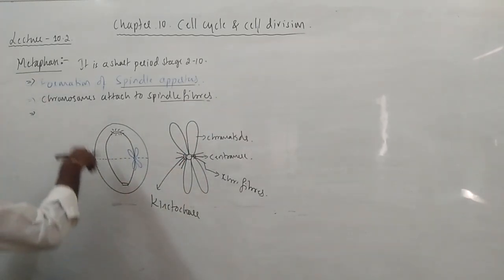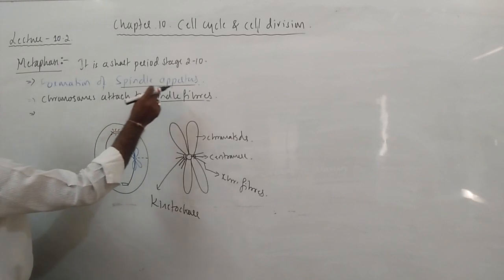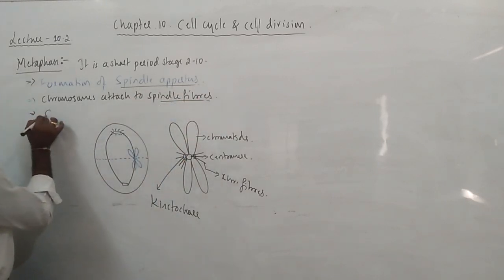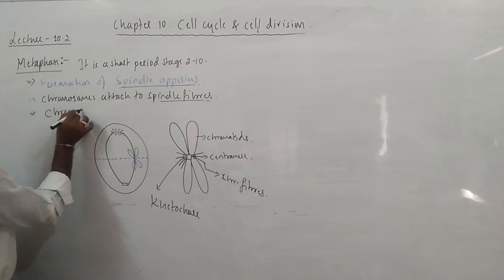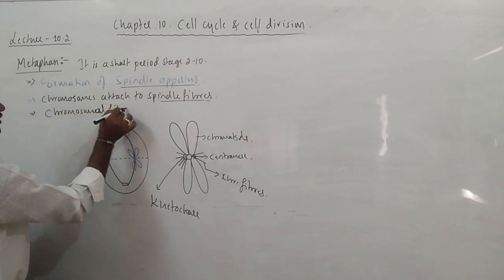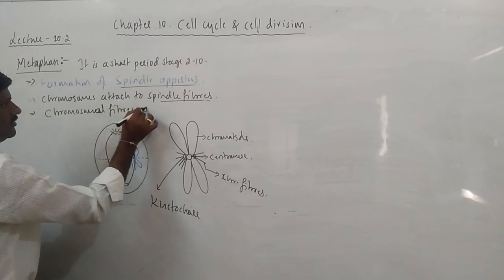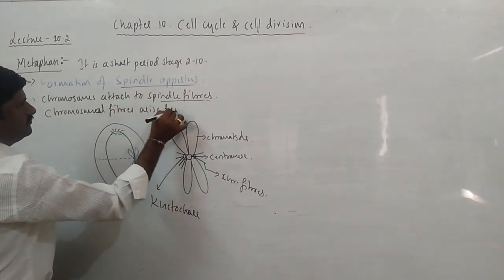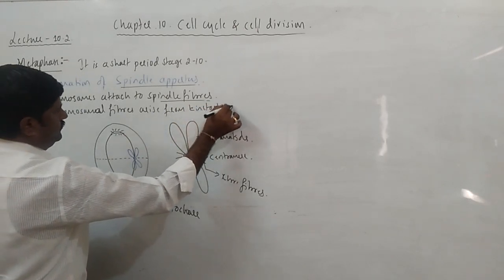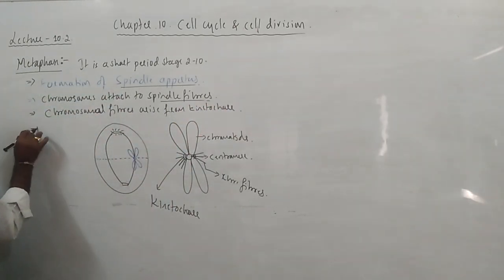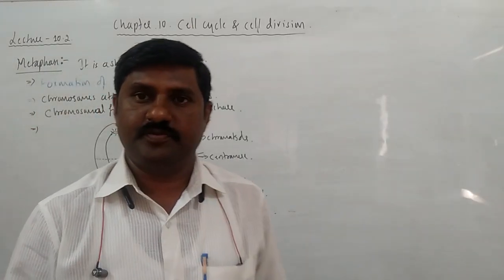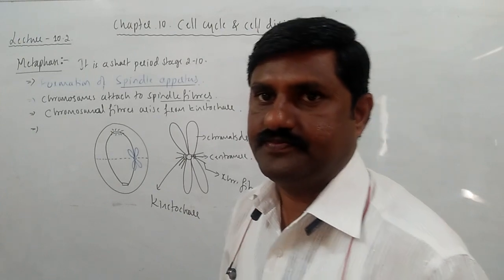This is how the chromosomes attach to spindle fibers with the help of chromosomal fibers that arise from the kinetochore, right? So this is how the chromosomes are hanged to the spindle fibers formed there.